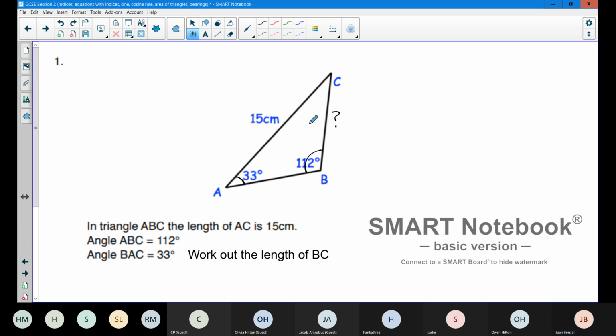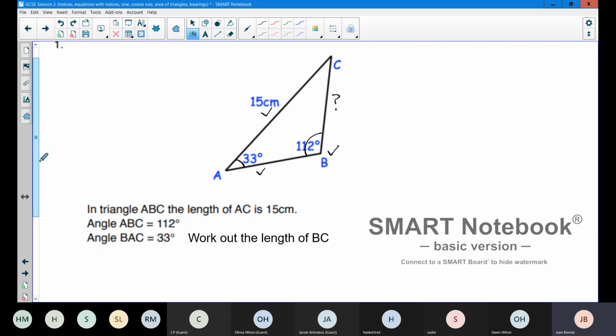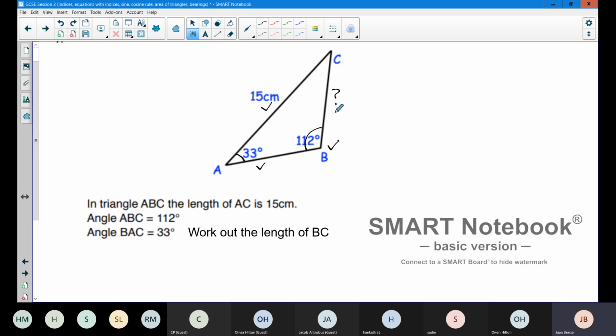I know this side here, 15. I know the opposite angle, and I want to find that one, but I know this one. So remember, it's alternate. So this is going to be a sine rule thing. Okay. So as you can see, BC.